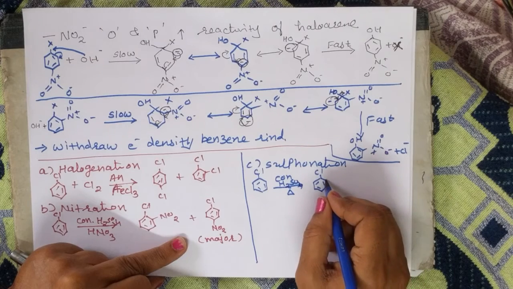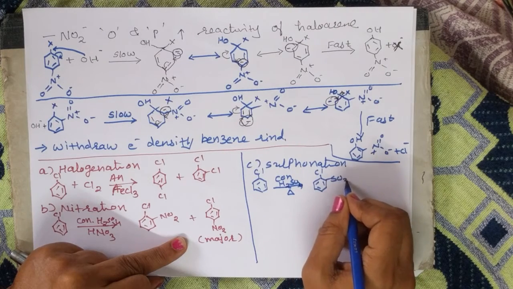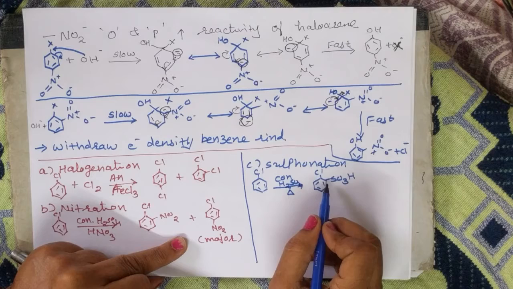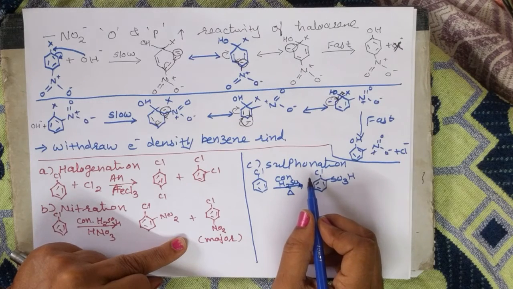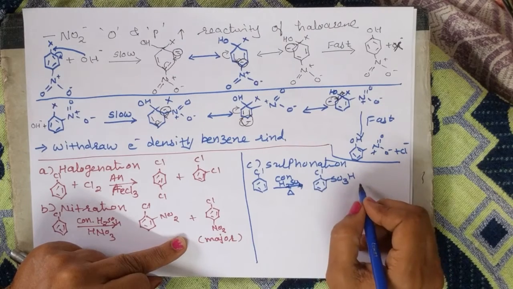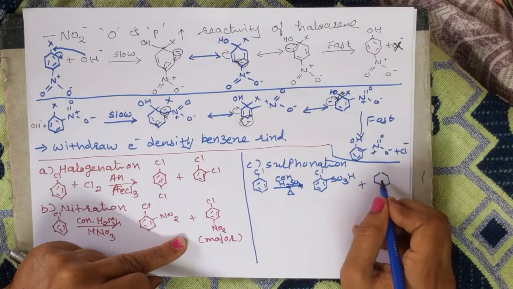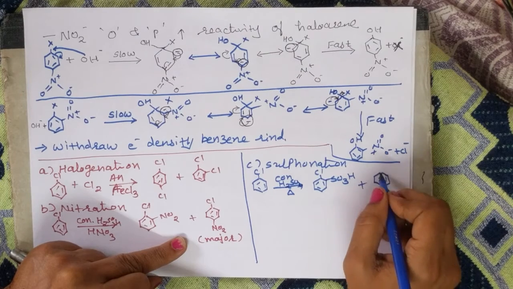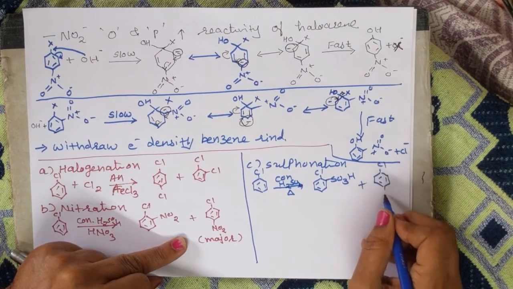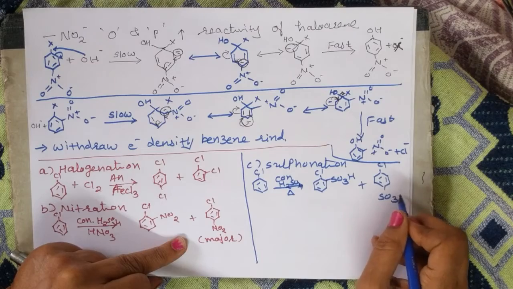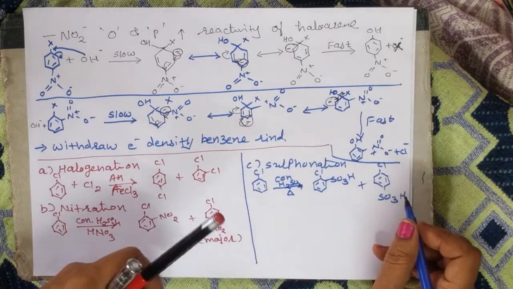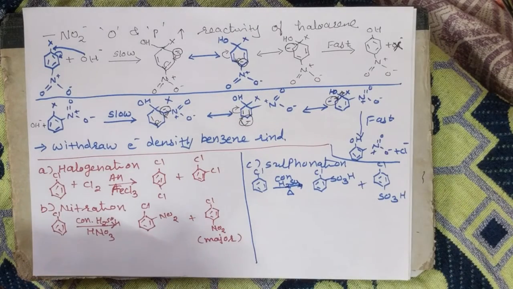Here the sulfonyl group is the main group, so numbering will start from here. You will get 2-chlorobenzene sulfonic acid, which is a minor product, and the second product, 4-chlorobenzene sulfonic acid, is your major product.